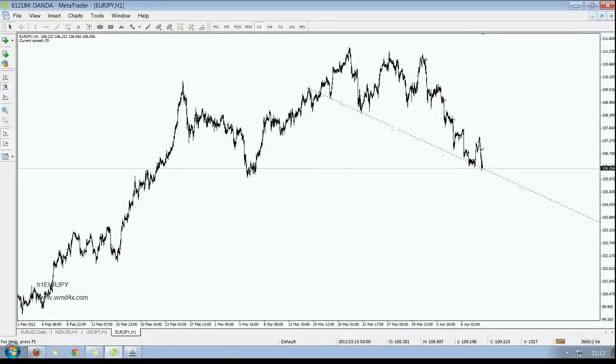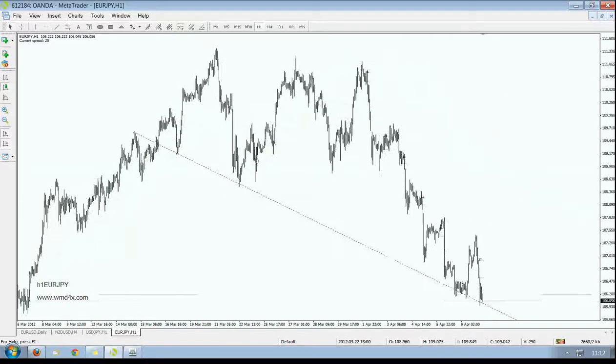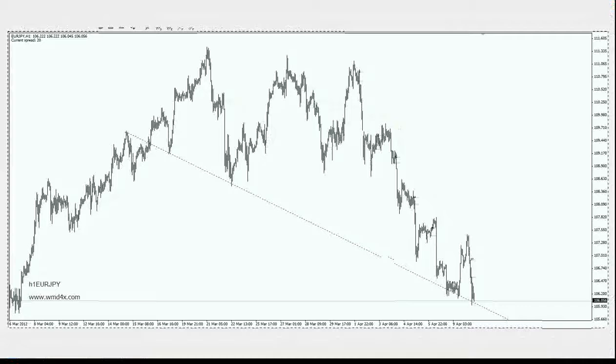Right, so what we've done here, we've taken the resistance, and my line's not quite exact, but I think if you narrow that in on the 4 hour, you might even find it perfect here.